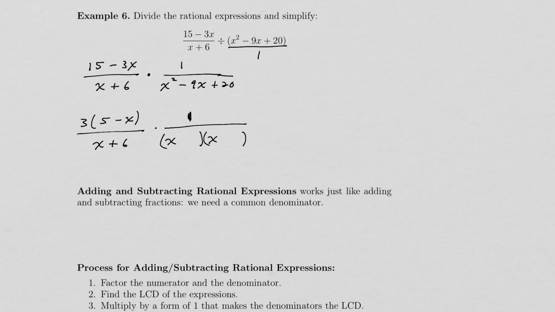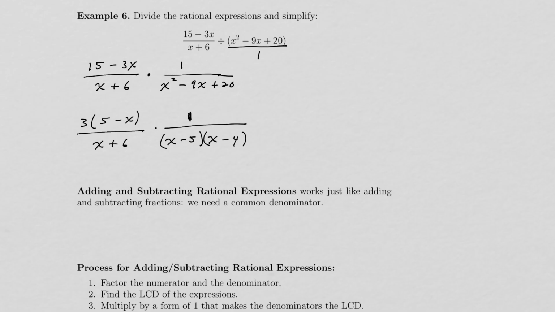I want two things to multiply to give me positive 20, and add to give me negative 9. So I guess a negative 4 and negative 5, right? Multiply to give me a positive 20, and they'll add to give me a negative 9. Negative 4. Okay, so here, it might look like there's nothing we can cancel, but we actually kind of can.